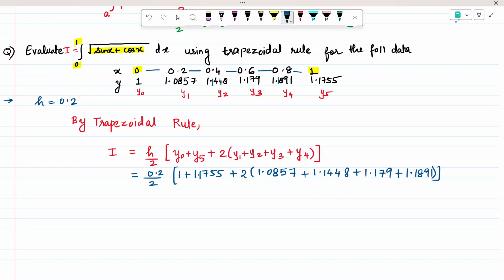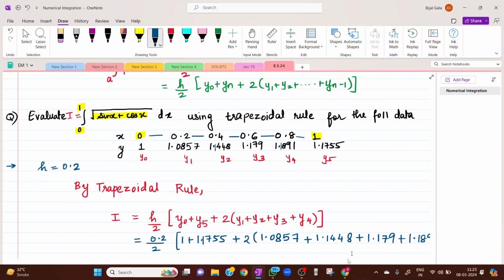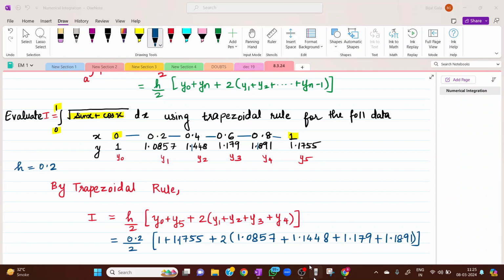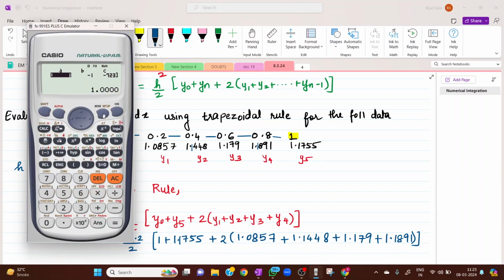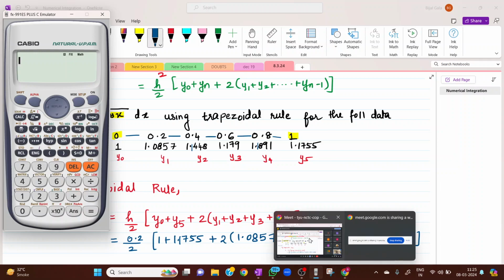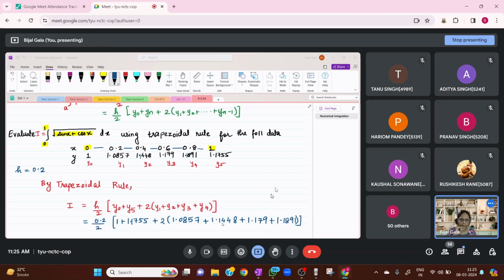Now after this we are expected to use a calculator. I had told you to keep your calculators with yourself. Fix your calculator to 4 decimals. I'm going to compute, so I put it into computation mode. Can you see the calculator or no? I think you cannot see the calculator.